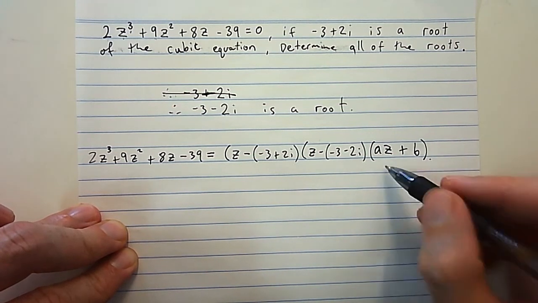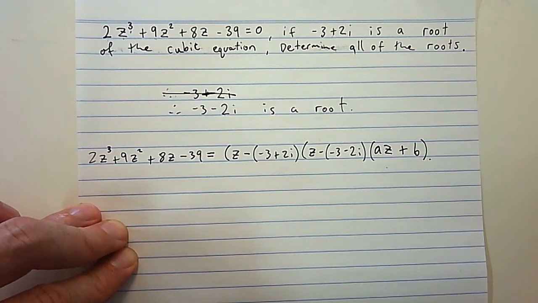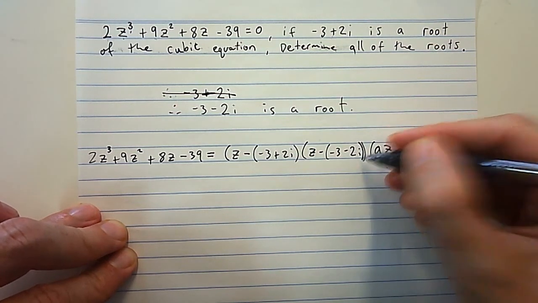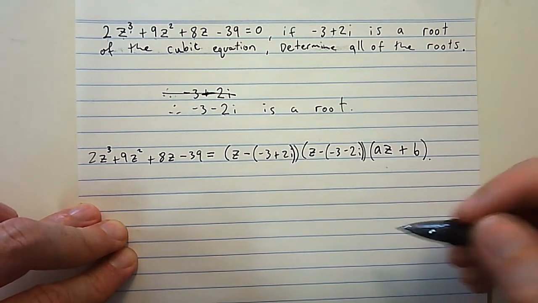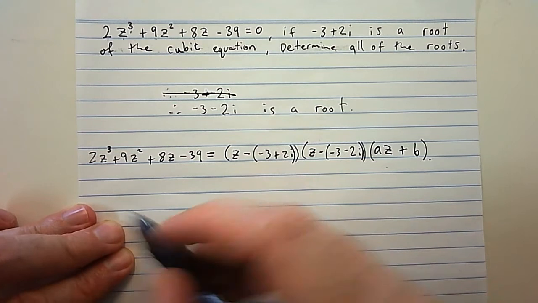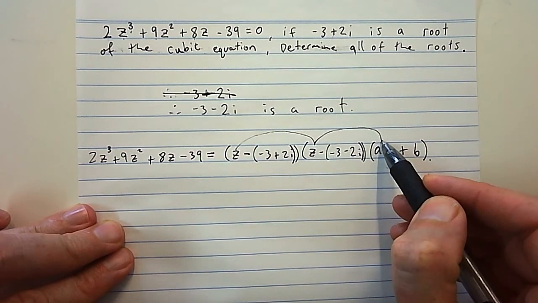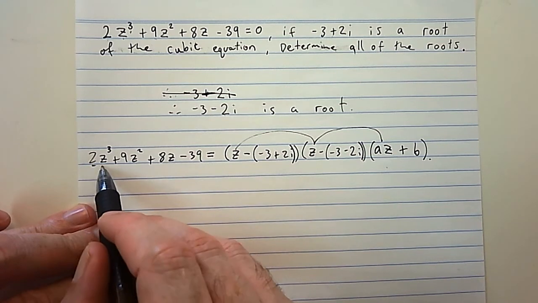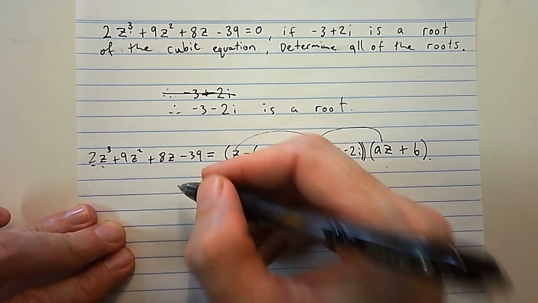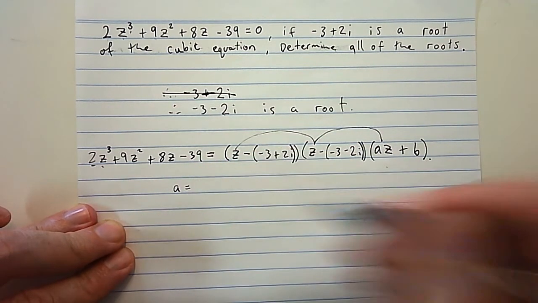This is my last unknown root that I don't know about. From this, if I multiply z by az, it has to equal 2z cubed. So therefore, my a value is equal to 2.